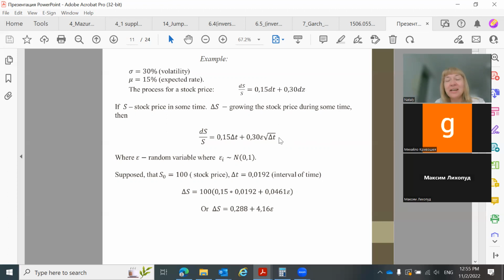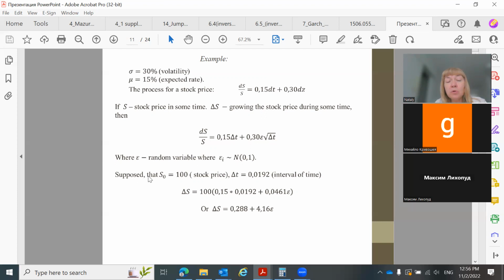So I remind you again, dz equals epsilon multiplied by square root of delta t, where epsilon is a random variable, and in our case is with normal distribution, and the parameters of this normal distribution are 0 and 1. 0 means mean and 1 means variance. Variance, yes. And how can we apply this?